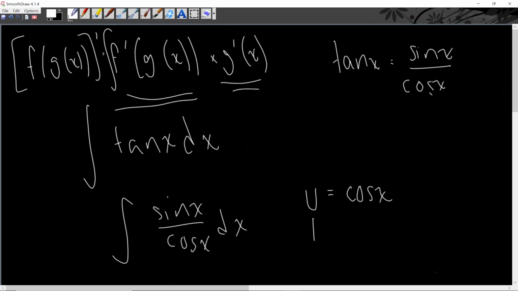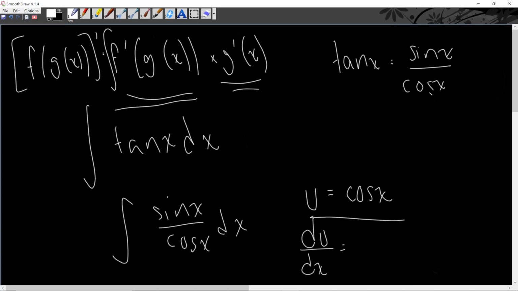and then you take the derivative of u, which is not just the derivative of u, it's going to be the derivative of u with respect to x, because we know that u is a function of x because we defined it up here. So we have to differentiate u with respect to x.